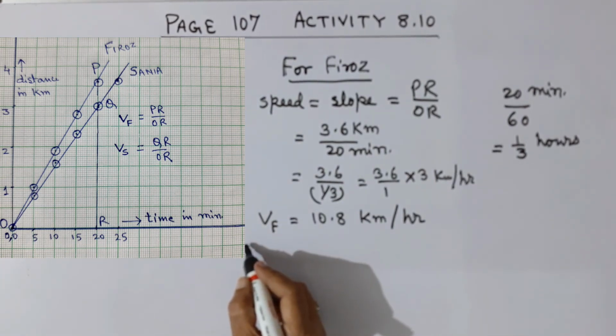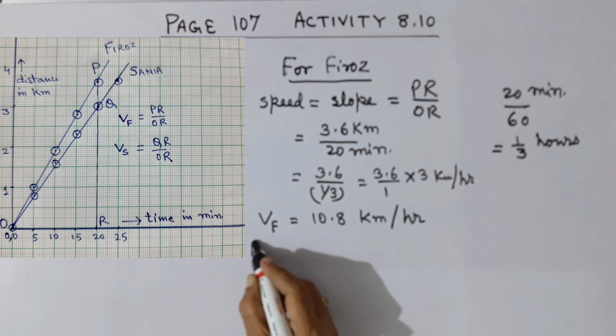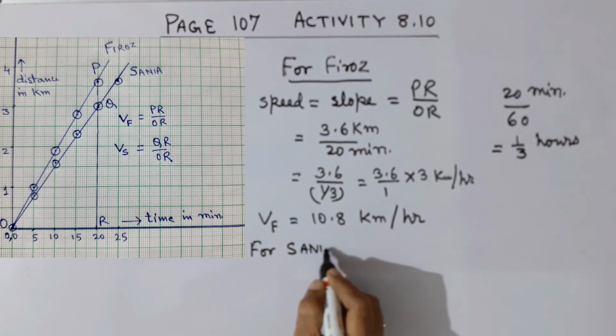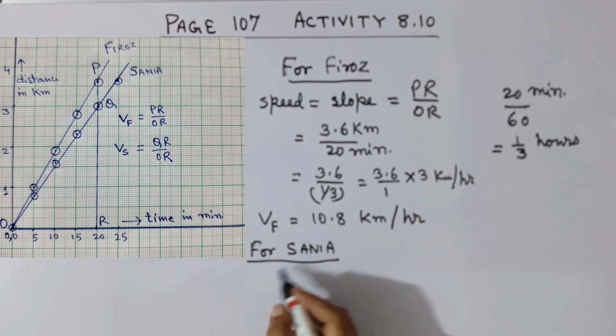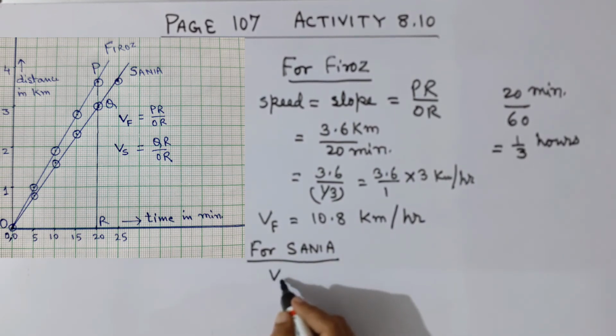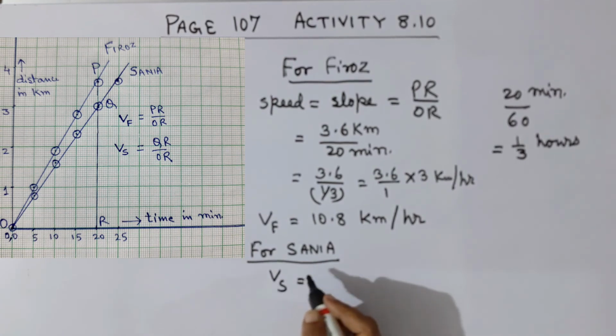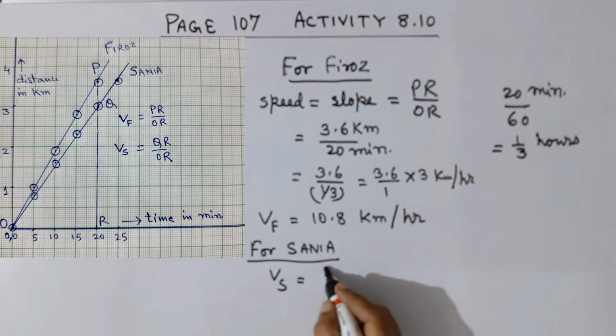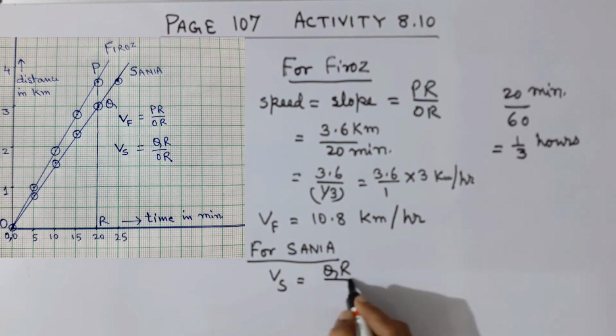For Sania, we can calculate it. VS is equal to, again, slope, and this slope from the graph is QR divided by OR.